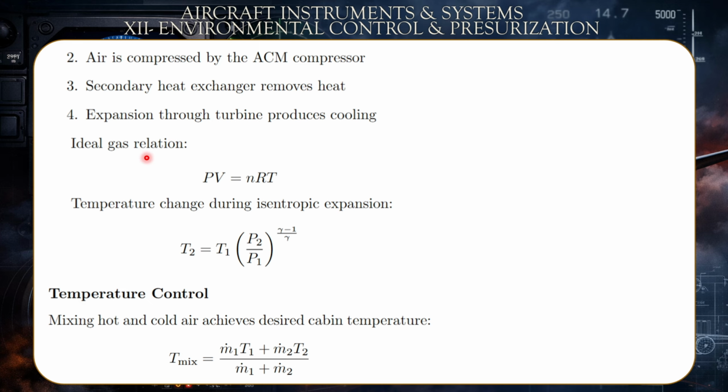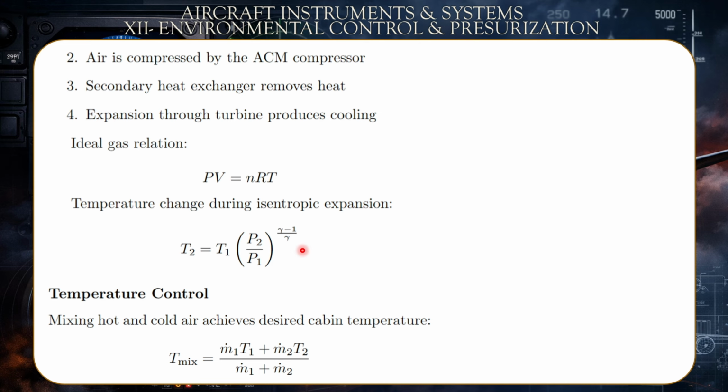The ideal gas relation, which you might be familiar with from physics class: PV equals nRT. Pressure times volume equals nRT, R being the gas constant, times temperature. Temperature change during isentropic expansion is T2 equals T1 multiplied by (P2 divided by P1) to the power of (gamma minus 1) divided by gamma.